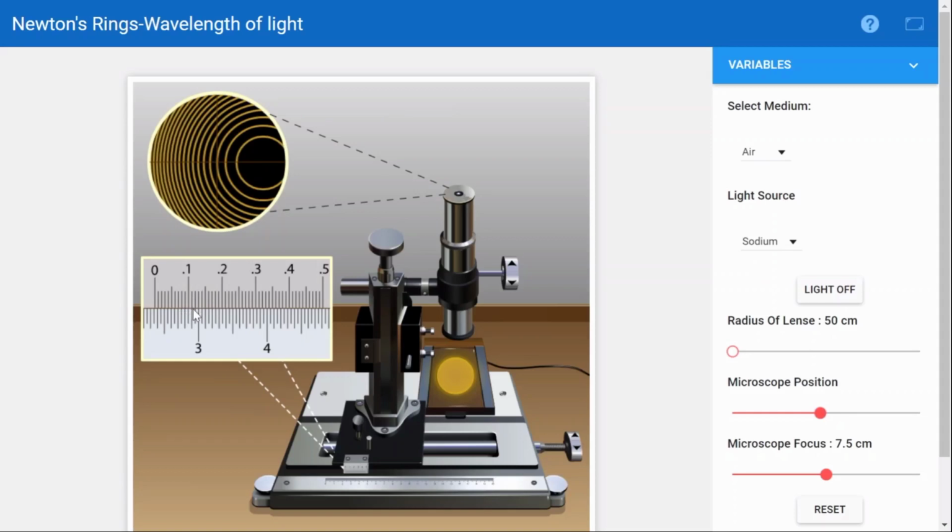The proper intersection is at the 11th division. So what will be my complete reading? 2.35 plus 11 into least count, that is 2.35 plus 11 into 0.001. Can anyone tell me the answer? I am again repeating the whole reading: 2.35 plus 11 into 0.001.